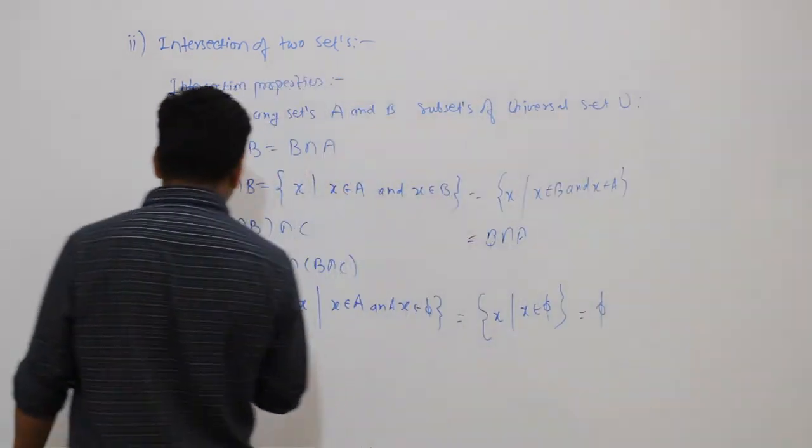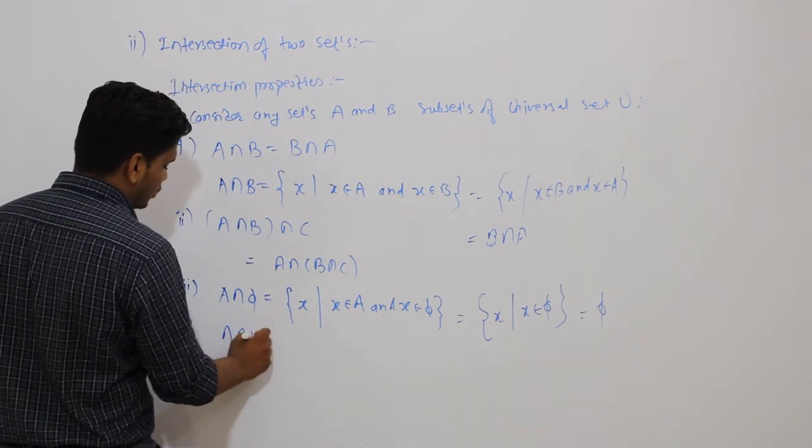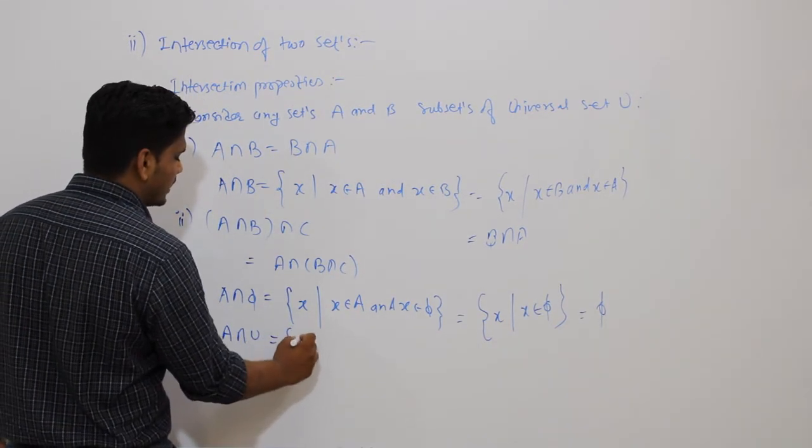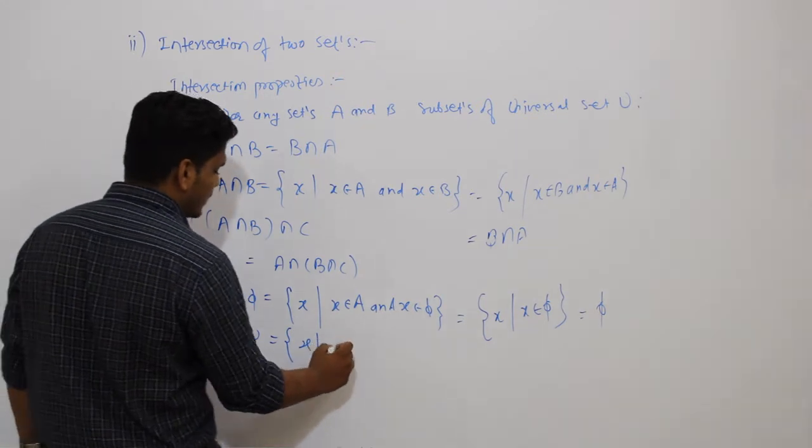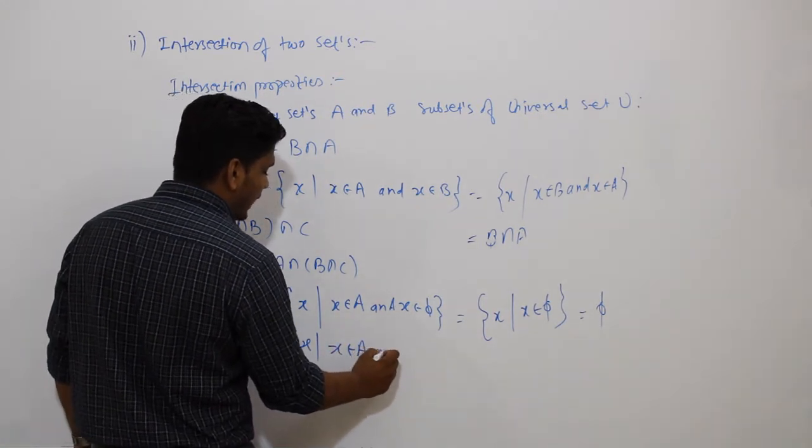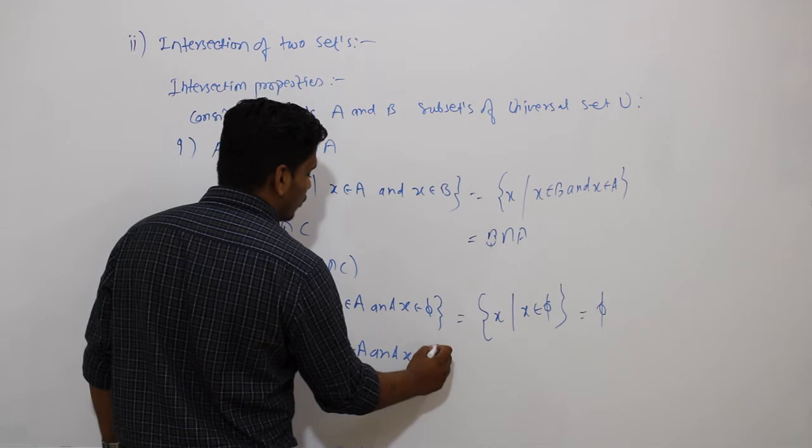Likewise, what will happen with universal set? A intersection U. Okay, what it will be? On similar lines, we will take it as X belong to A and X belong to U. Means what?